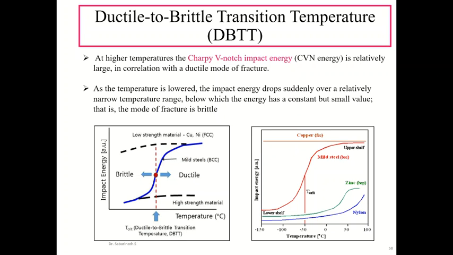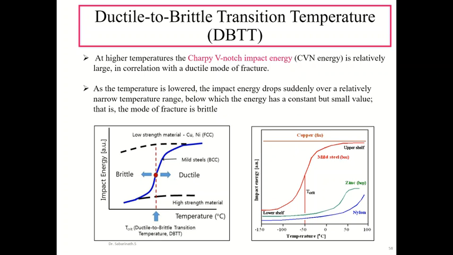At high temperature, the impact energy required will be very large. At high temperatures, the Charpy V-notch impact energy, that is the CVN energy, is relatively large, in correlation with the ductile mode of fracture. So at high temperatures, we will require a high impact energy to break the material, and the fracture will be a ductile mode of fracture.